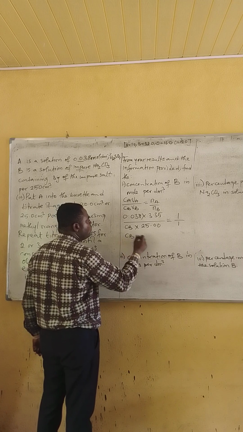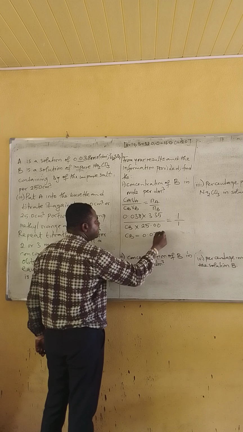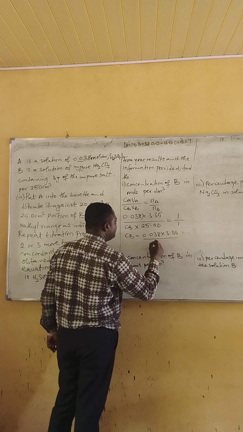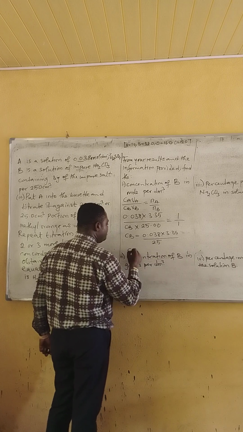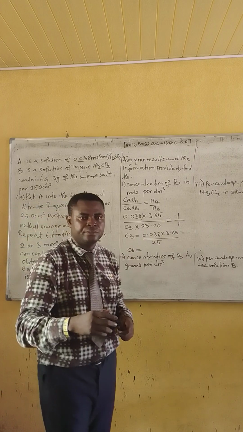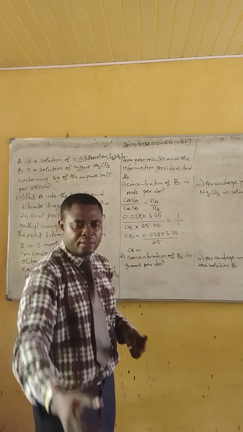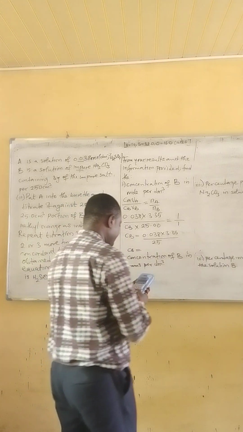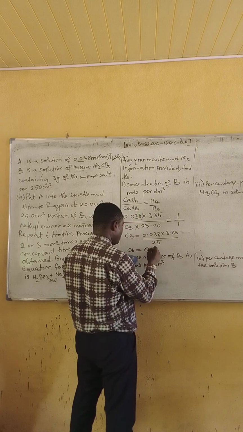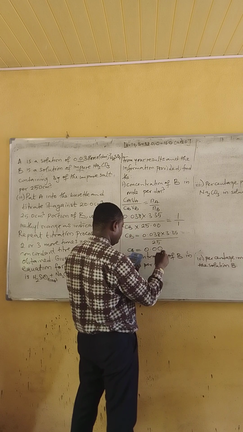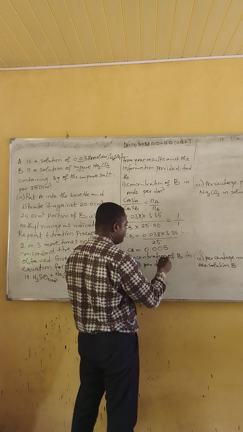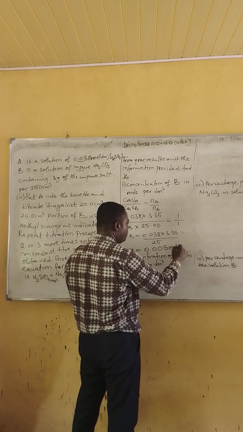So our CB will now be 0.038 times 3.35 divided by 25. So CB, this is mathematics now, not chemistry any longer. So what I have here is 0.005 mole per dm³.